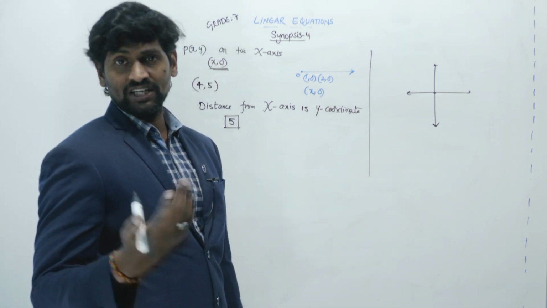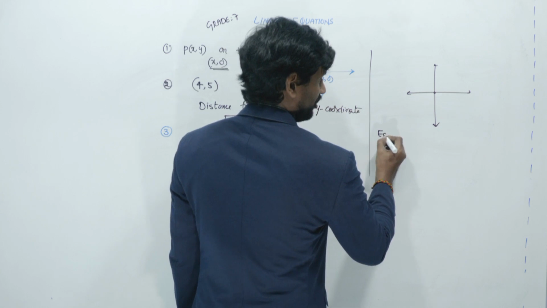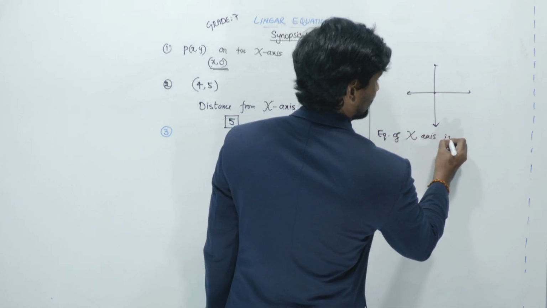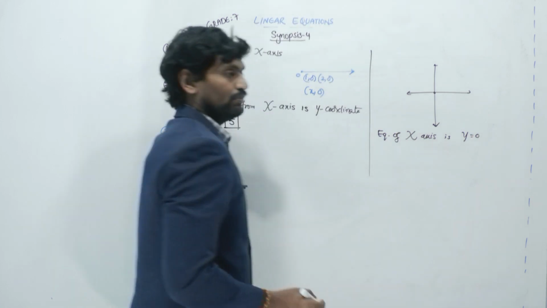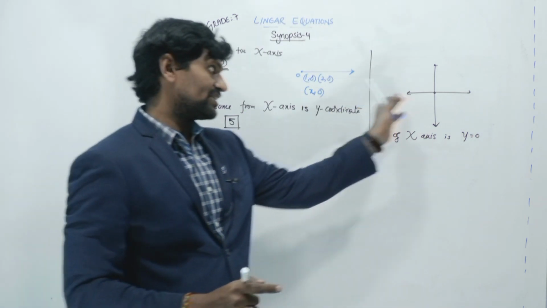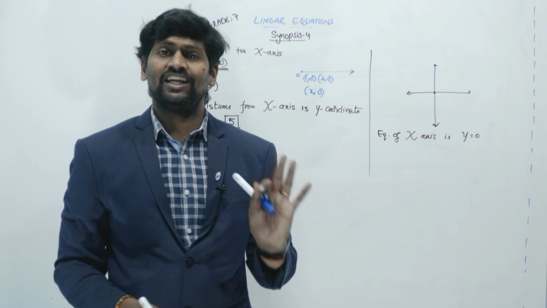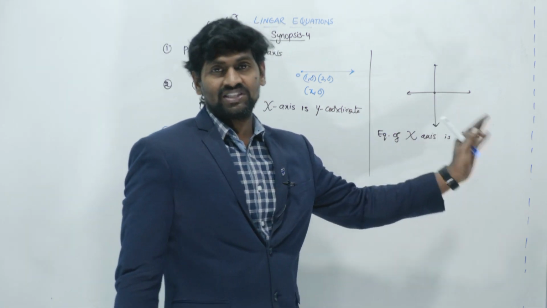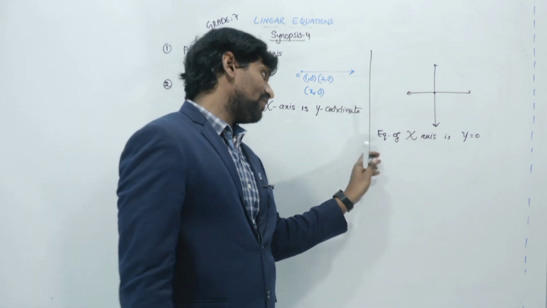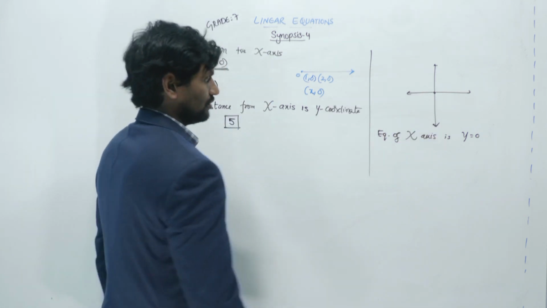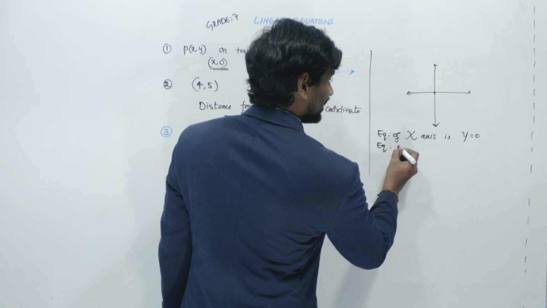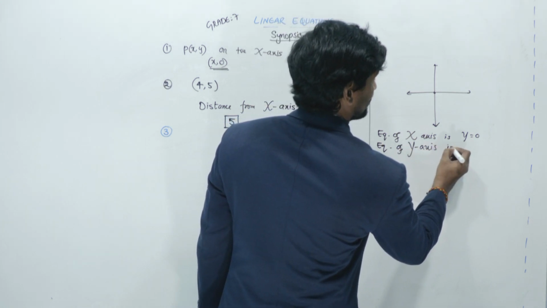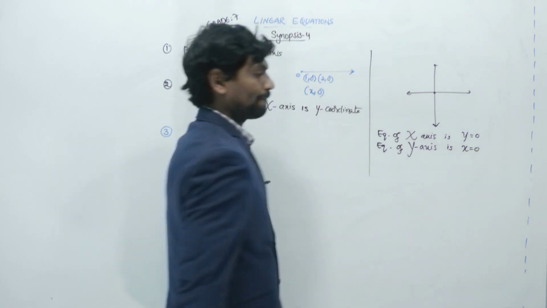All y values are 0, no? So the equation of the x-axis is y equal to 0, because on the x-axis, any point you observe, the y value is obviously 0. Similarly, we can write the equation of the y-axis. The equation of the y-axis is x equal to 0.